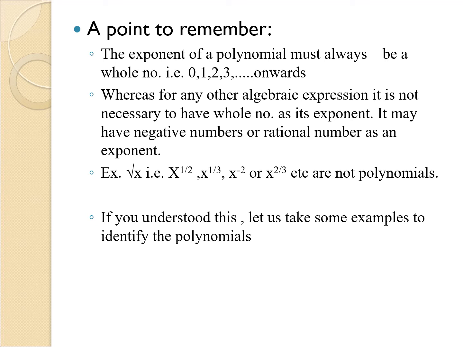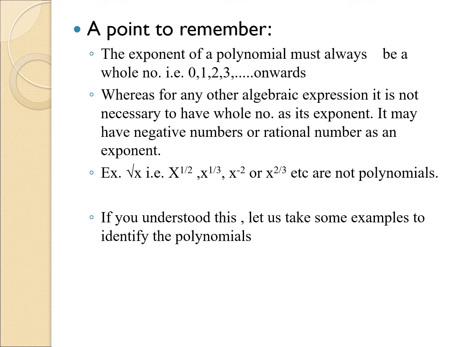So when the exponent of an algebraic expression is a whole number, then only that algebraic expression is called a polynomial, otherwise not. Here an example is given. Consider an algebraic expression, square root of x.